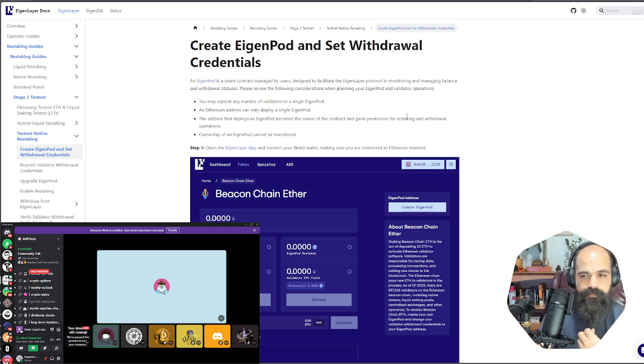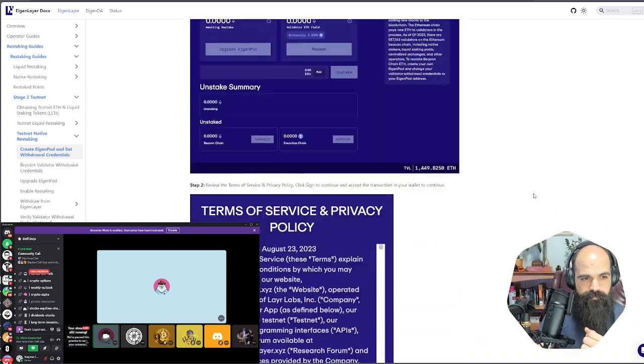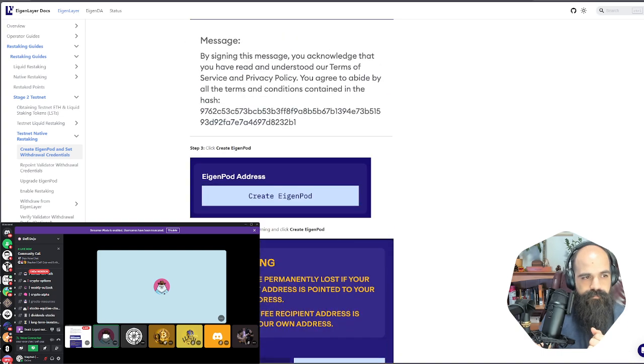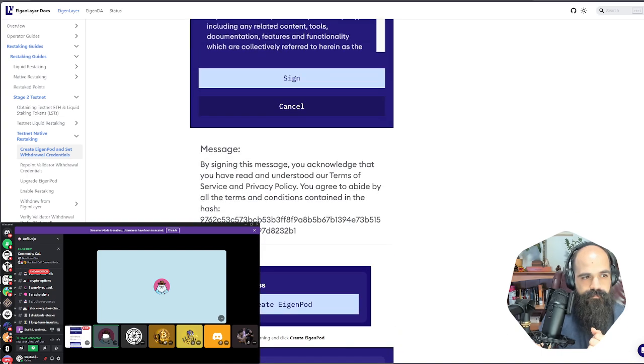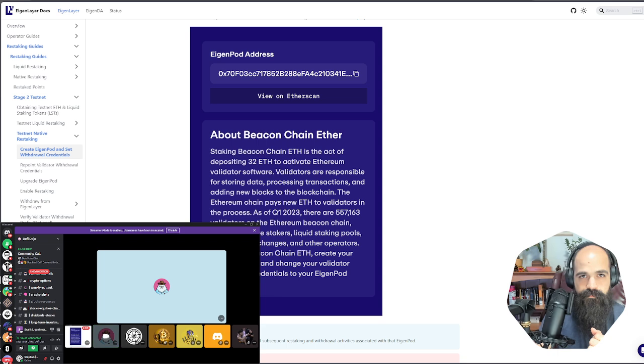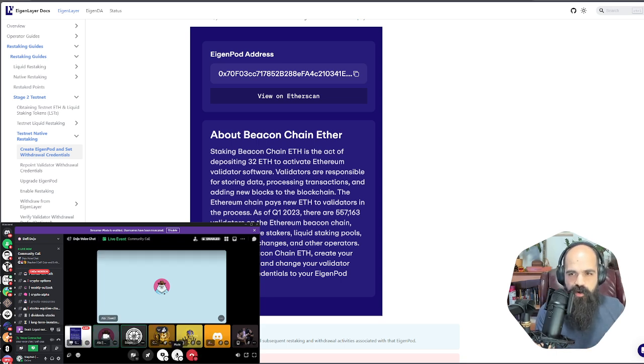Because you can't actually restake your ETH, it's in the beacon chain. That's the whole point of liquid staking, it liquefies that. But to actually restake into EigenLayer, your withdrawal address has to be pointed towards the eigenpod so that the ETH flows through the eigenpod. And by doing that, EigenLayer is able to enforce slashing conditions on your ETH. So the slashing conditions are on the actual ETH, not on the restaked LST.